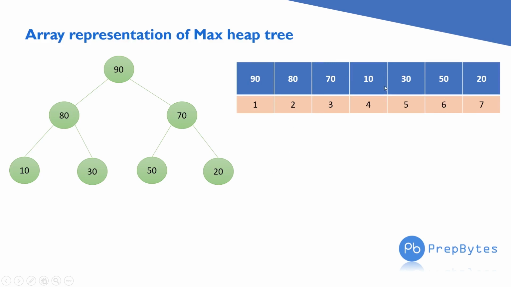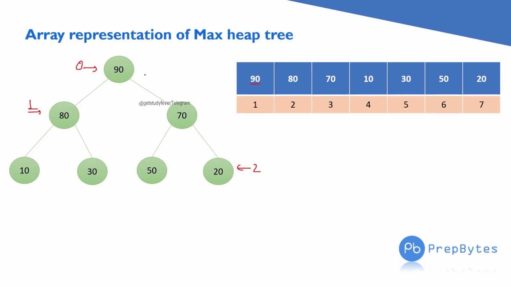So this is nothing but level order. First is 90 in the tree, so here also first is 90, correct? First the level 0 elements, then level 1 elements, and in the last the level 2 elements.